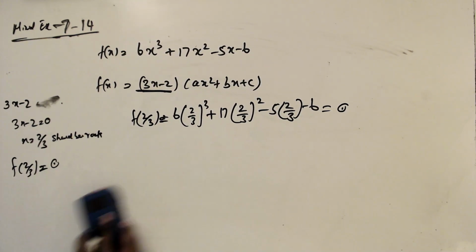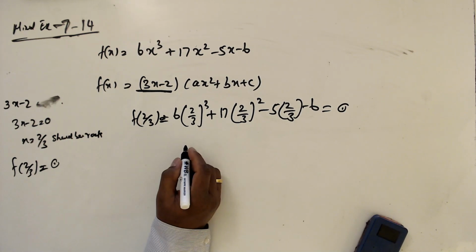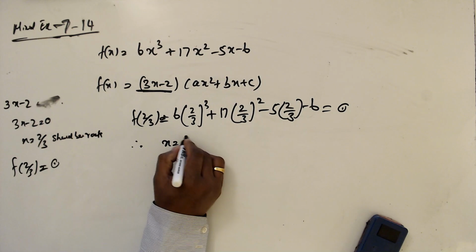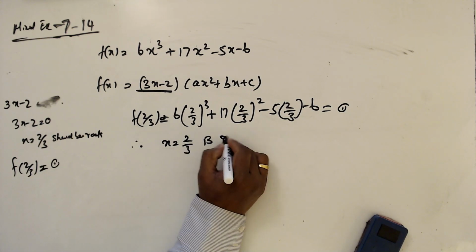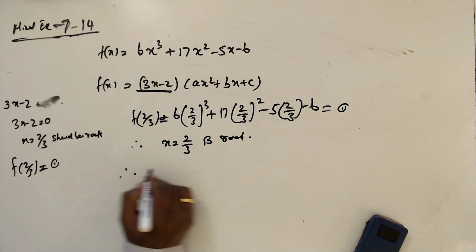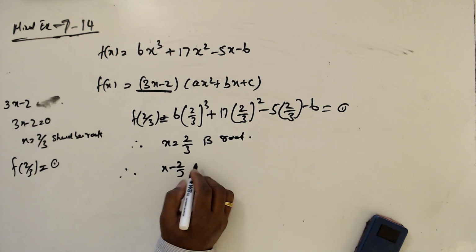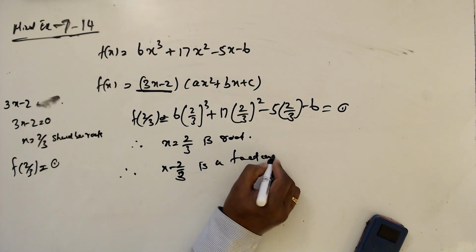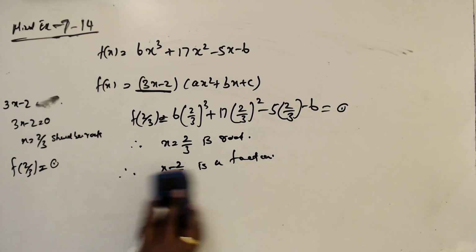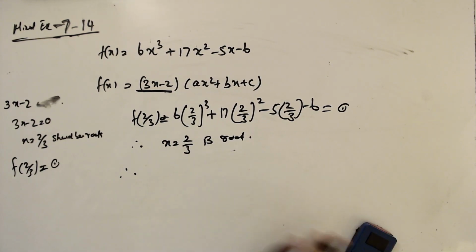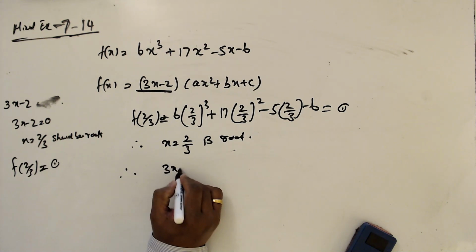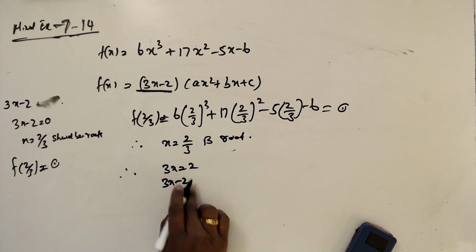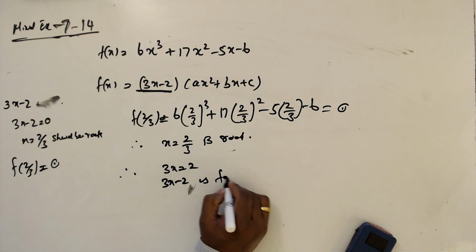You can check this one. Hence, x equal 2 over 3 is a root. Hence, x minus 2 over 3 is a factor. Hence, 3x minus 2 is a factor.